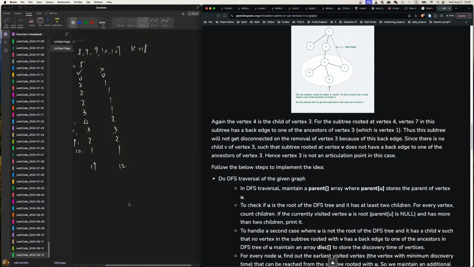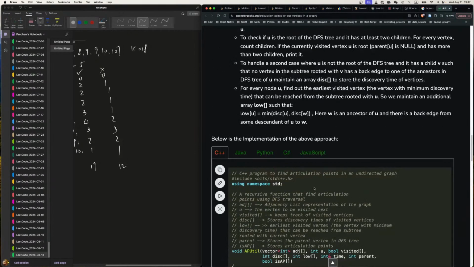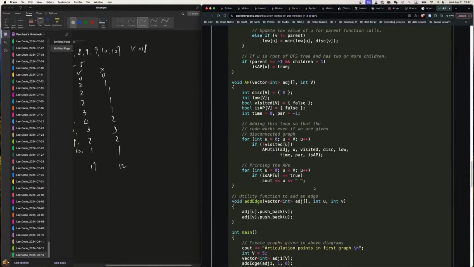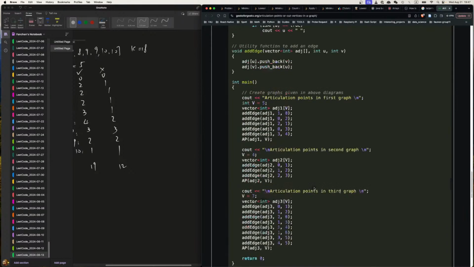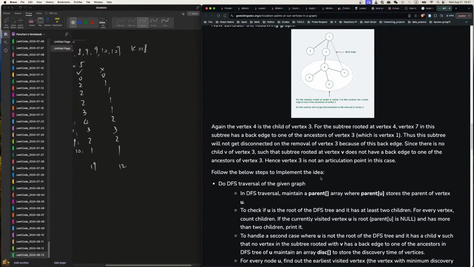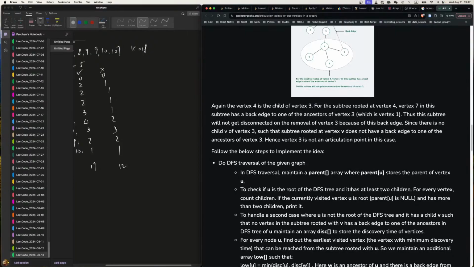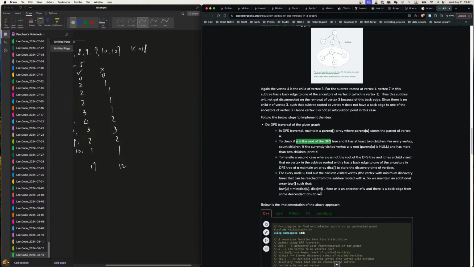If the current vertex is a root, which means it doesn't have a parent, I still don't understand this at least 2 children part. Like what do you mean by if U is the root? I probably have to look at the implementation to understand this thing.